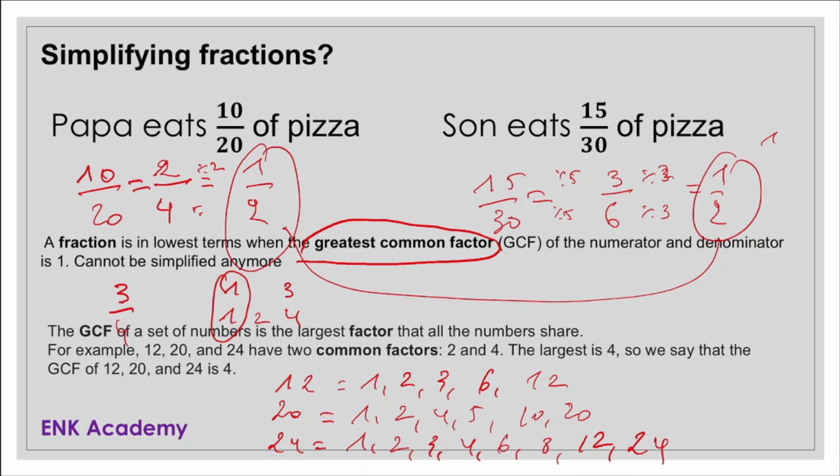So the common factors here are these ones, and I forgot 4 here. You also have 4, which is common to all, and the greatest of them is 4, and that is why 4 is the greatest common factor of 12, 20, and 24.